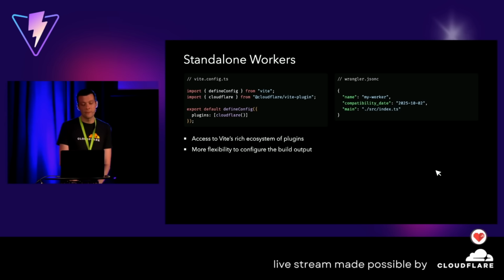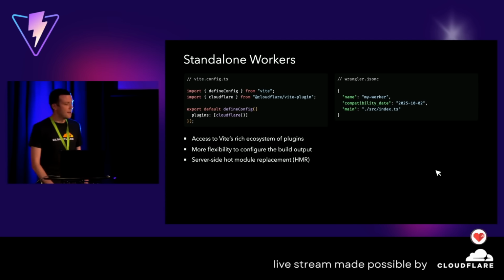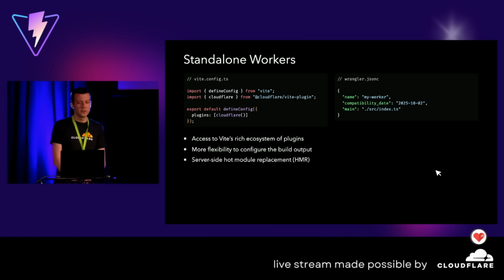Another is that you have a lot more flexibility to configure the build output. So you can hook into all of Rollup and soon Rolldown features to configure that as you like. And a further one is you have that server-side hot module replacement, which means as your application gets bigger and your worker code grows, the updates can stay fast.